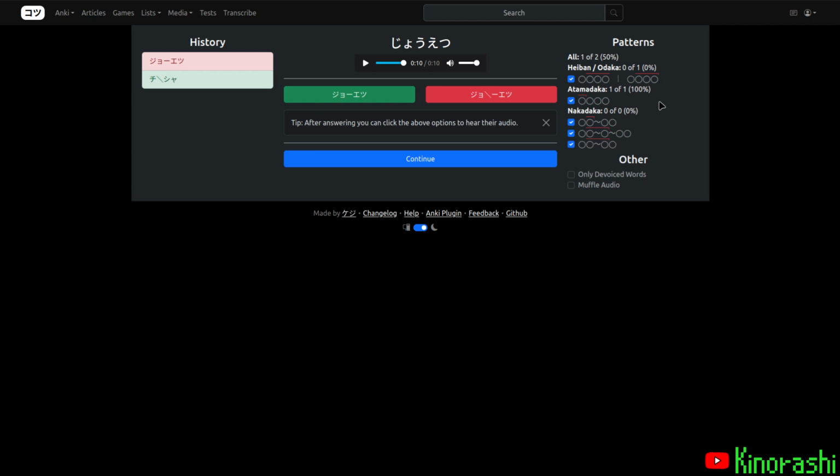I see it's showing Heiban and Odaka together in this test, because without a particle at the end, you can't tell the difference between Heiban and Odaka. Well, you probably could in some single syllable words, like ki.